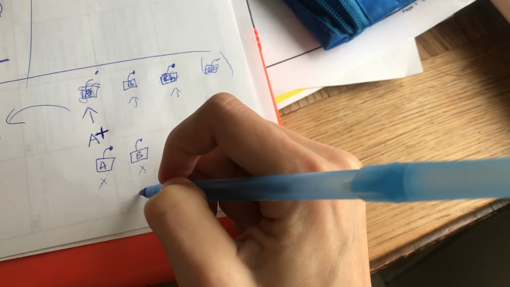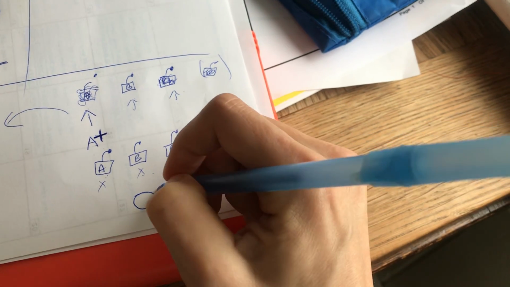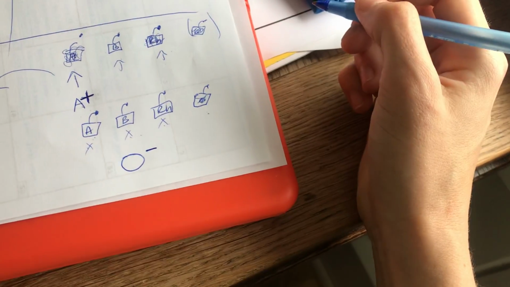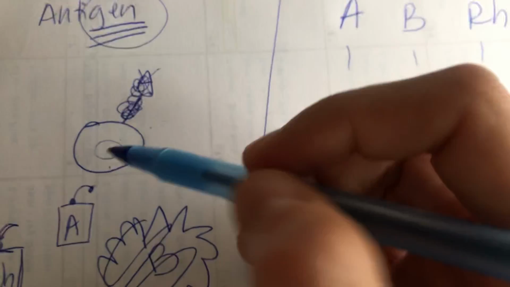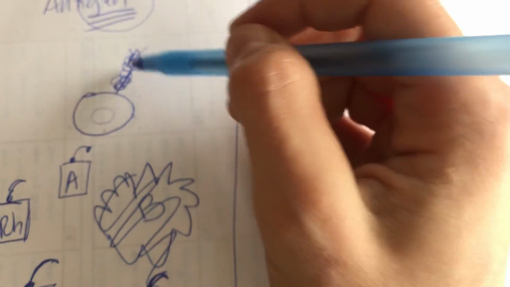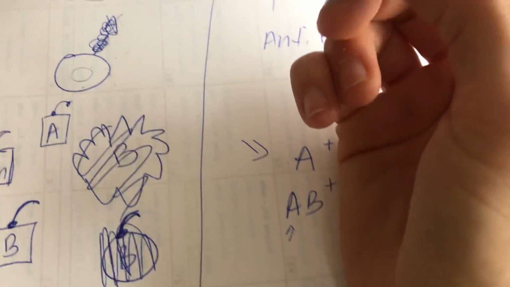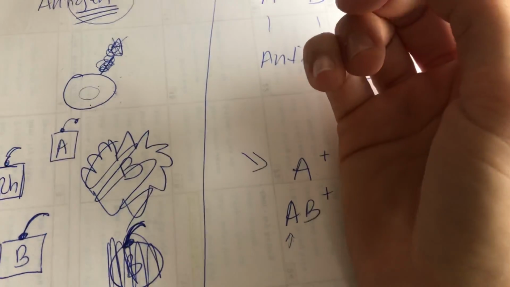So what are you? O negative. And that's kind of what we went back to after we played around over here, right? We took this A off when we were talking. So that's what you have. You just have a plain little blood cell, and you would be O negative.